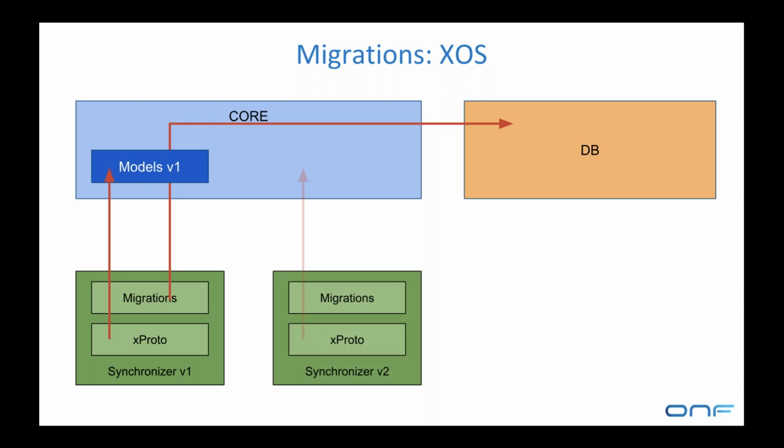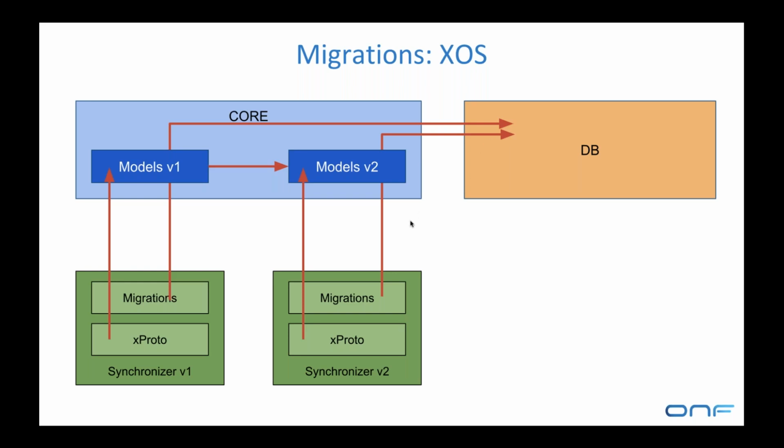When we spin up version number 2 of the synchronizer, we load a new version of the models that replace version 1, and we load a new set of migrations that gets run against the database to make the necessary changes.